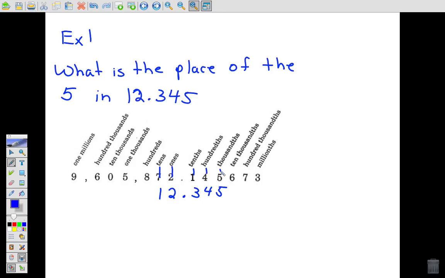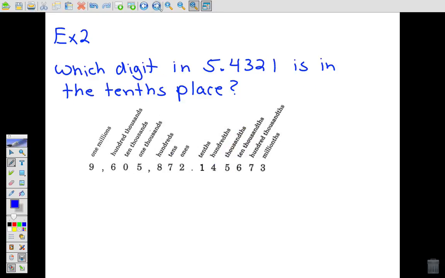I have the 5 right here. So it's the thousandths place, and I have to make sure that since it's to the right of the decimal point, there's a "ths" at the end. So thousandths.